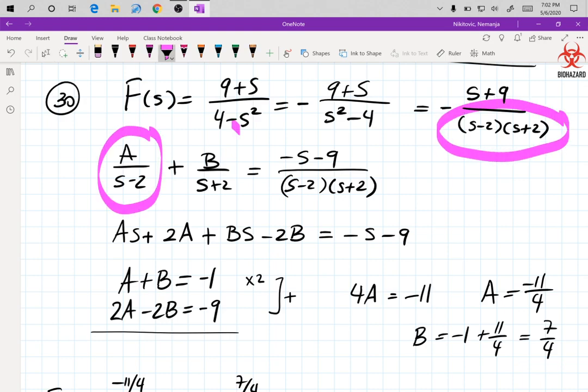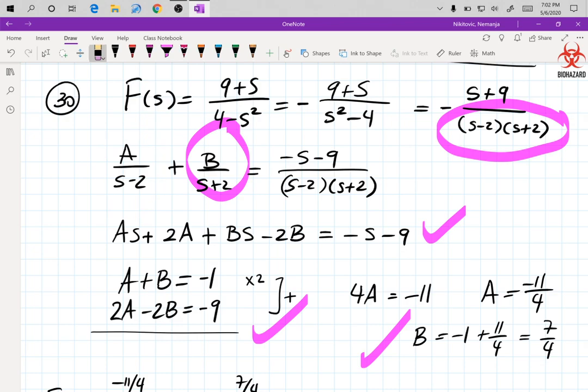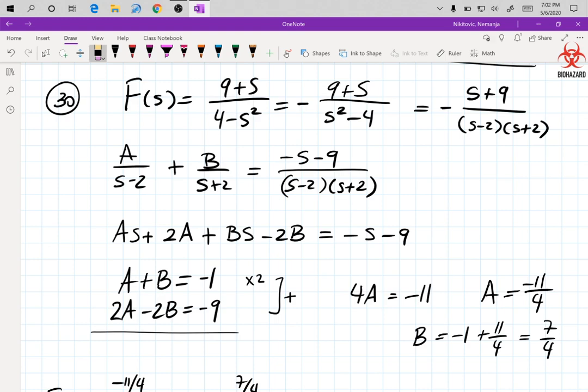Each one gets their own constant. Here is the partial fraction, here is the system, here is the AB solution. There is no difference, right? It is that particular method of solving used across the coursework.